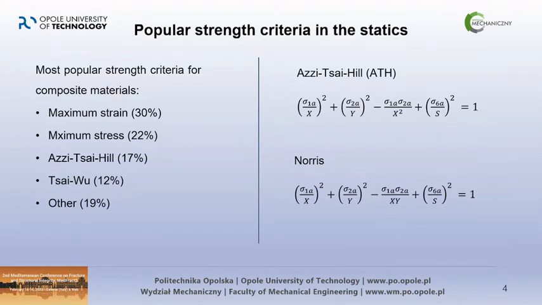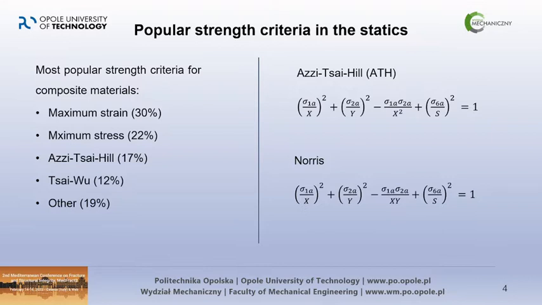When we say about fatigue criteria, there are many of them. But we thought that we could start with some popular strength criteria which are used in the statics and analyze them for fatigue lifetime. First, for the statics, the most popular strength criteria are, according to the literature, the criterion of maximum strain. Then we have maximum stress, and next we have a criterion proposed by Azzi, Tsai, Hill.